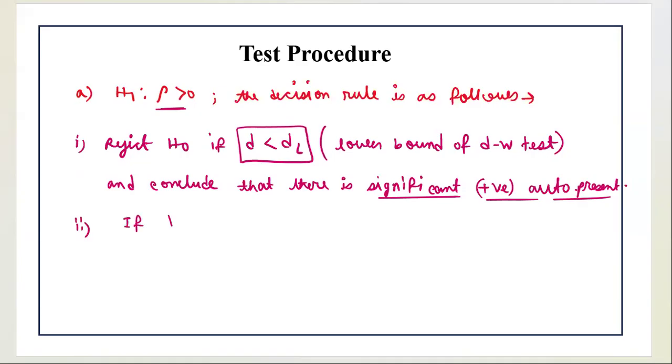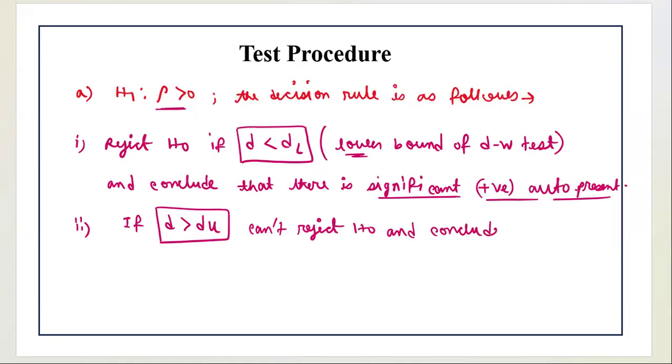If the D value is greater than the upper bound, then we cannot reject H naught, and we conclude there is no autocorrelation.